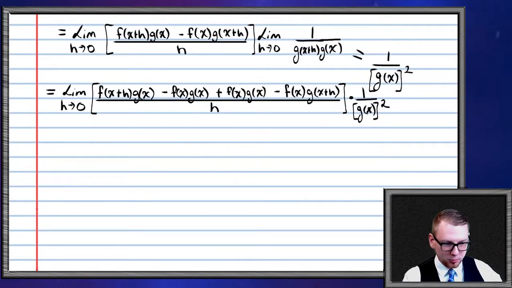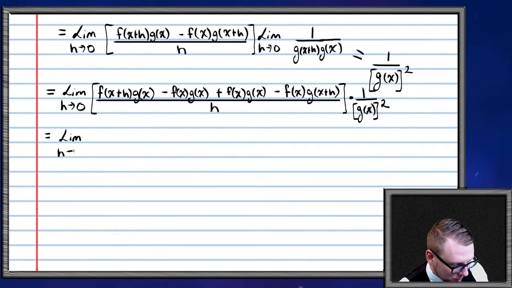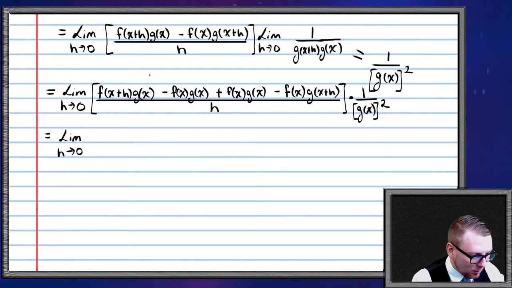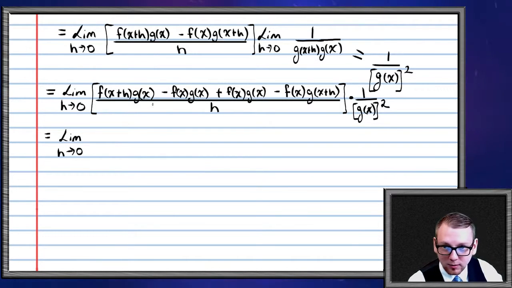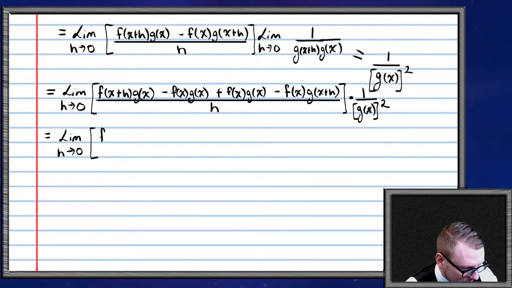Okay, great. Now again, we're going to group them. Have the limit as h approaches 0. We're going to take out g of x in the first one. We're going to write it on the right hand side. So we're left with f of x plus h minus f of x.